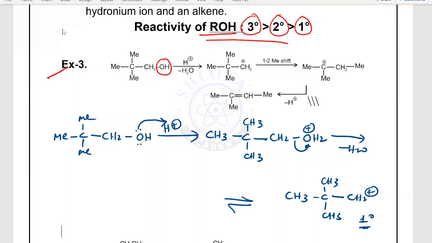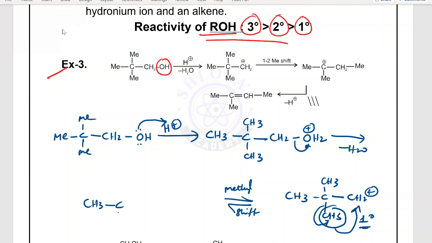Now, there is a possibility to rearrange. This carbon, by taking electrons, will become negative, and this is going to be shifted. It is called methyl shift. Then what do you get?